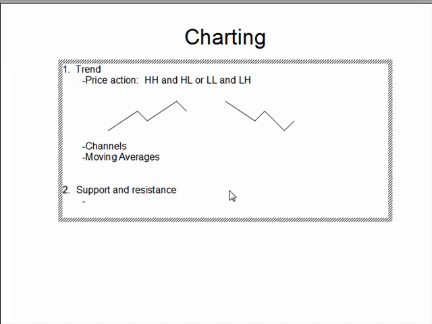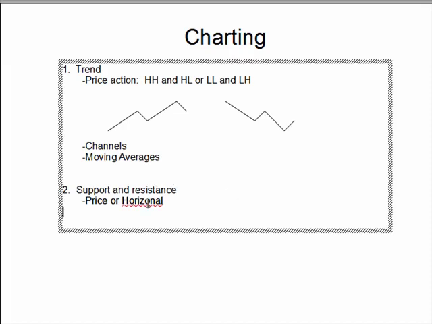The next thing with support and resistance is we've got price support, or what we'd call horizontal price support. There we go.